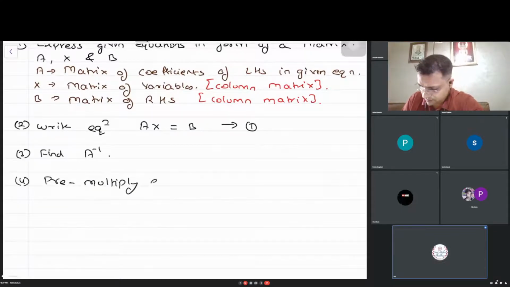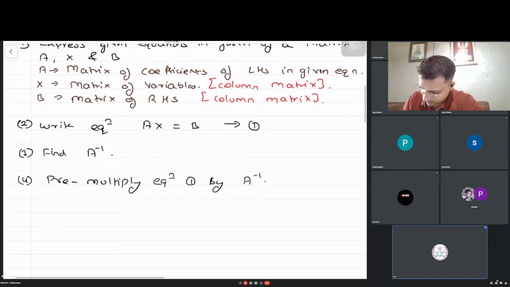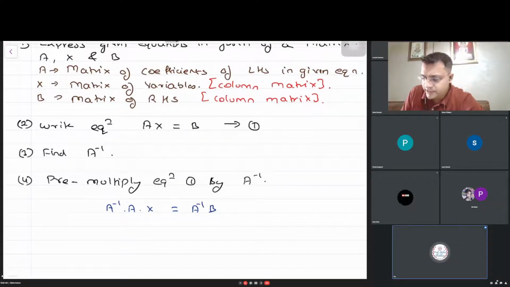Step number 4: Pre-multiply equation 1 by A inverse. Now what is this exactly? Pre-multiply means that I have to write it like this: A inverse into A into X is equal to A inverse into B. There is a very important reason why I have to pre-multiply.